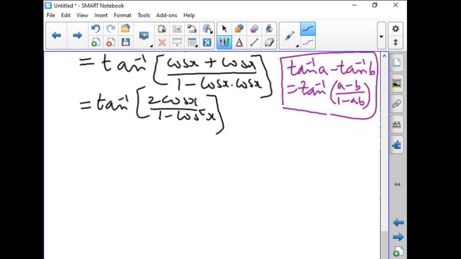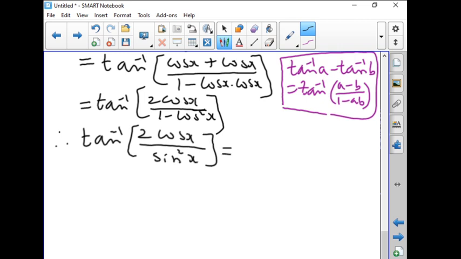So, now what we have got? This is the left hand side. Therefore, we have got tan inverse of 2 cos x by 1 minus cos square x, which is sin square x, is equal to tan inverse of 2 cosecant x.